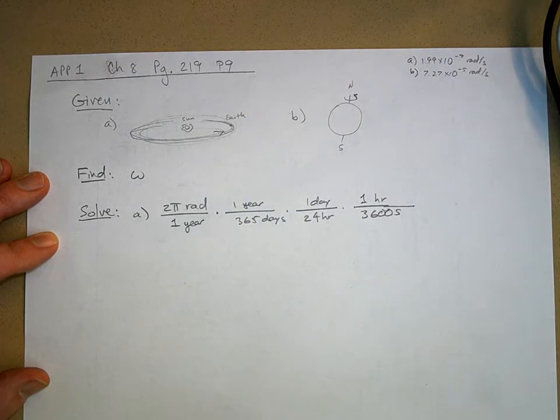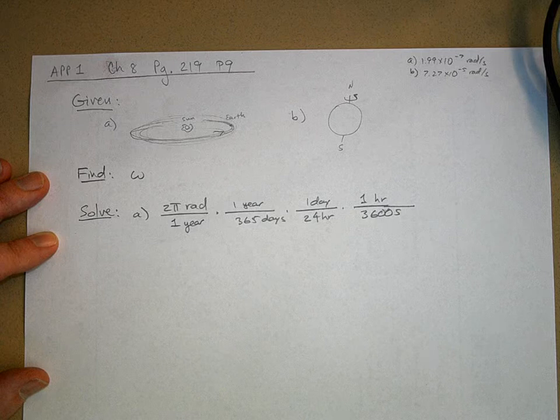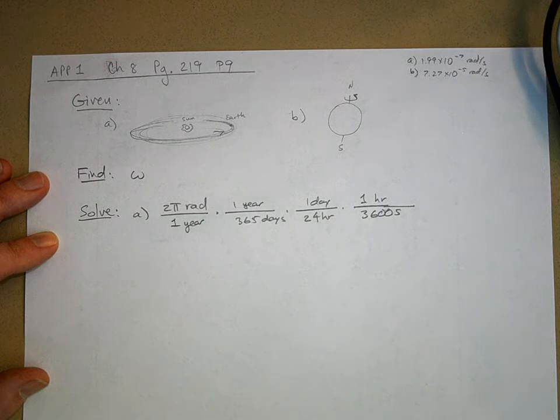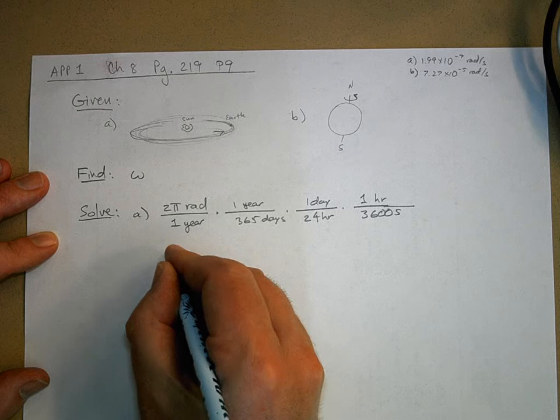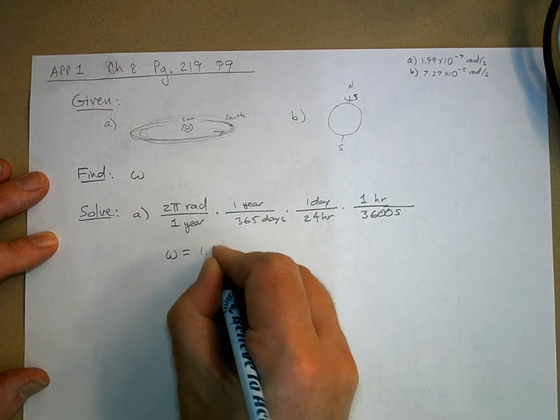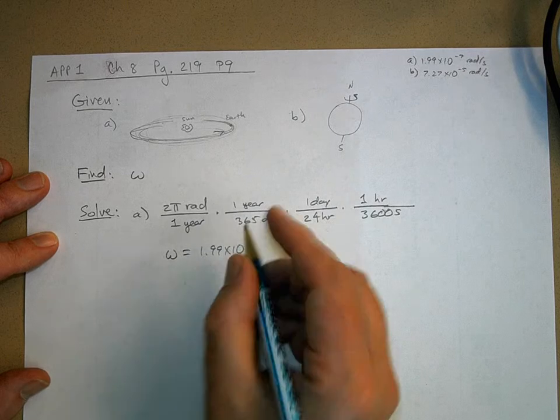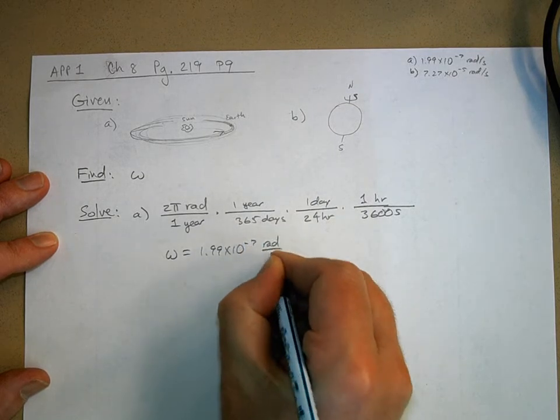We plug all that into the calculator. 2 times pi divided by 365, divide that by 24, and divide that by 3,600. Then put it in scientific notation. You get omega equals 1.99 times 10 to the negative 7 radians per second.